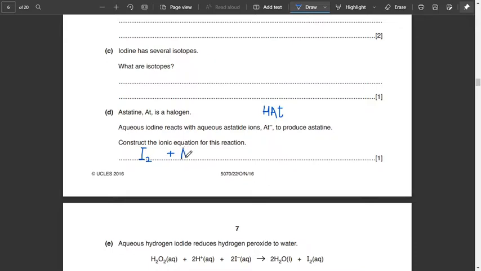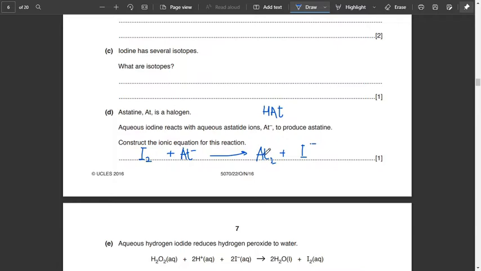So, we are going to assume that H plus is cancelled out and At- is remaining in the reaction, and as we can see over here again it will be At2, which is a diatomic particle, and this will be plus I minus. Alright, why I minus?